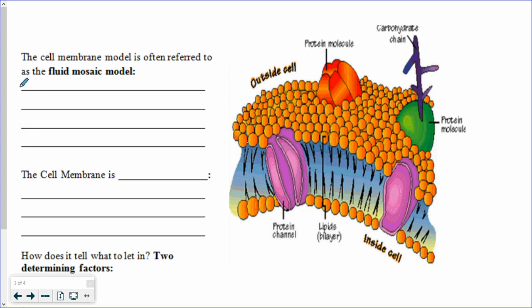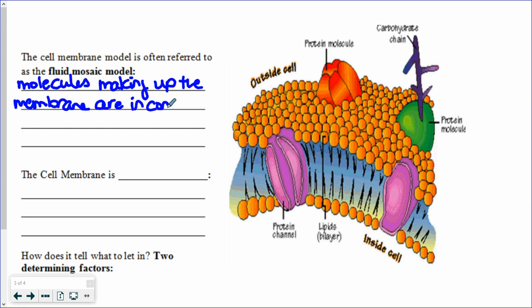So the molecules, these phospholipids making up the membrane, are in constant motion, giving the membrane flexibility to change shape.